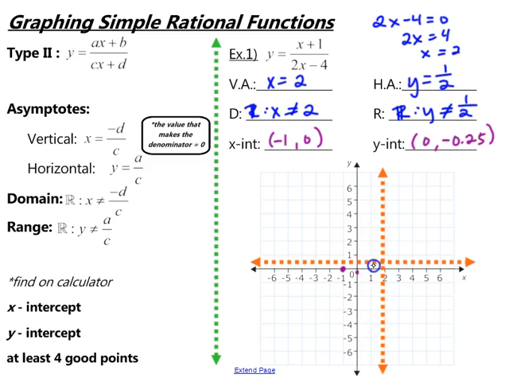And then when we take 4 good points from the calculator, we have negative 1, 0, we have 1, negative 1, 3, 2, and also 5, 1. So we're going to use those points and the asymptotes as our guide to graph our function.